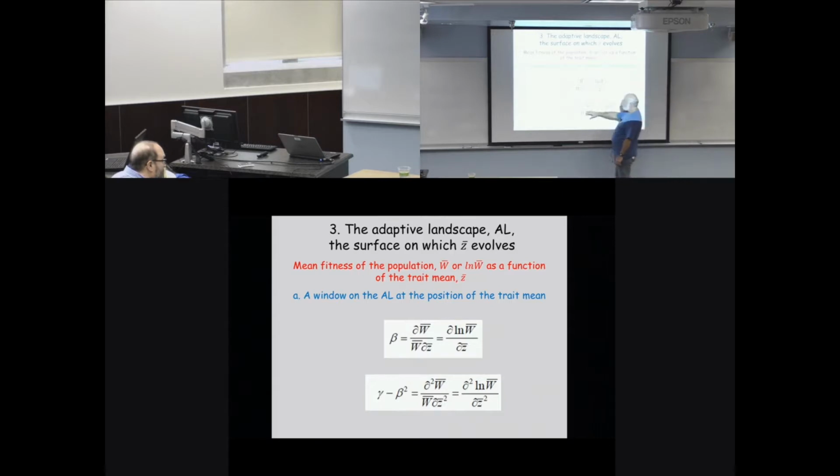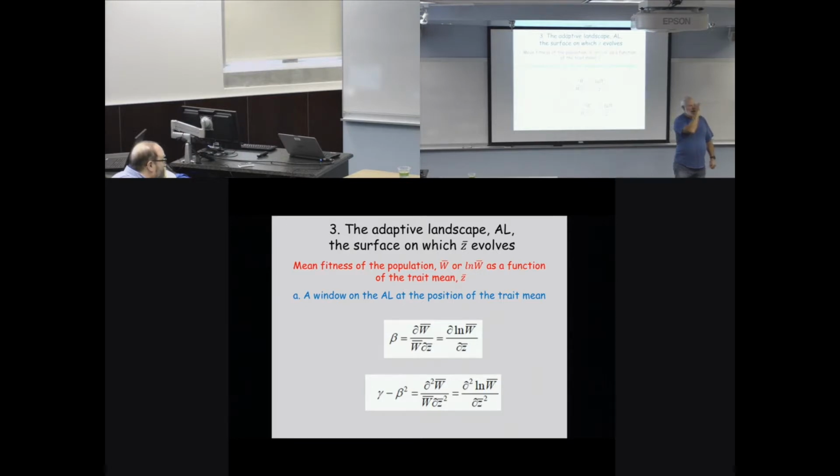It's not quite as beautiful for gamma because there's an additional term, beta squared, but you're approximating gamma minus beta squared when you think about the curvature of the adaptive landscape in the vicinity of the population mean. So the point is this: if you estimate beta and you estimate gamma from the approximations I just told you, it tells you about the slope and the curvature of the adaptive landscape at one point, at the mean of the trait distribution.